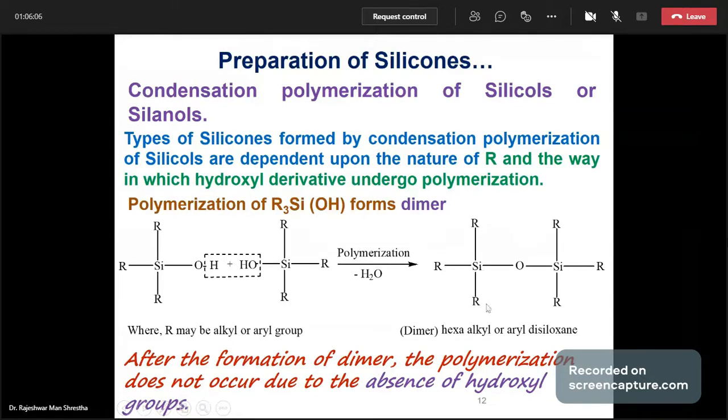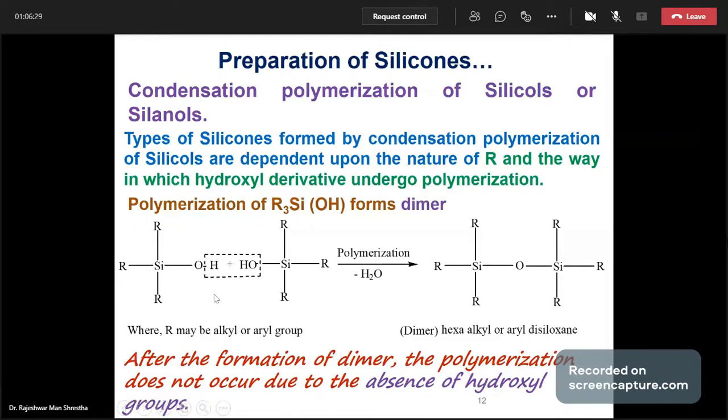After this, the product formed cannot polymerize. To form a polymer it should have OH groups, but OH groups are not present. So the reaction will stop and a dimer is formed. Two molecules combine, and this compound is known as a dimer.